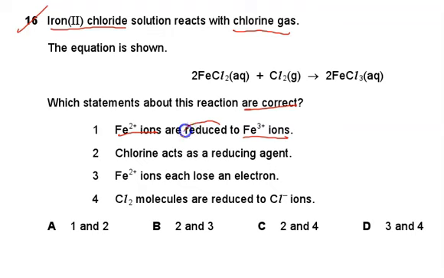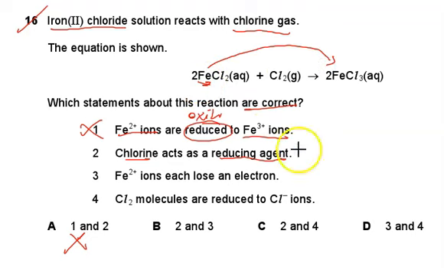This is not right. This is wrong. It should be oxidized. So number 1 is wrong. So confirm A is wrong. And chlorine acts as a reducing agent. Chlorine is supposed to act as an oxidizing agent because it helps oxidize this. So this one should be oxidizing agent.